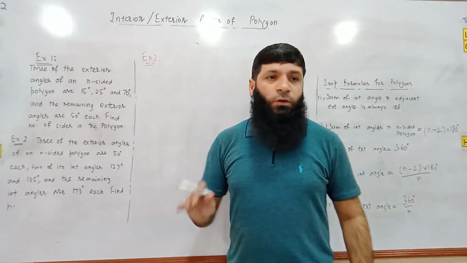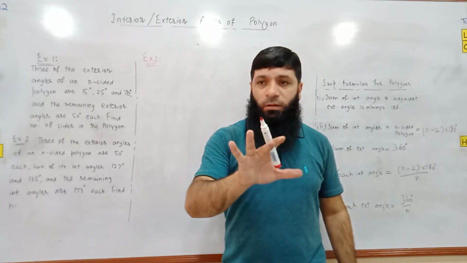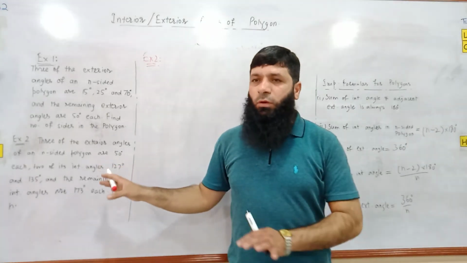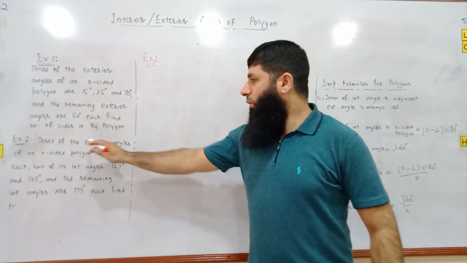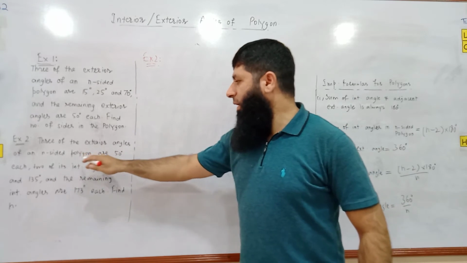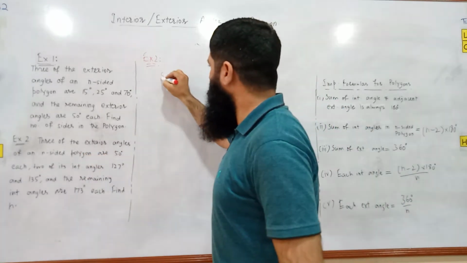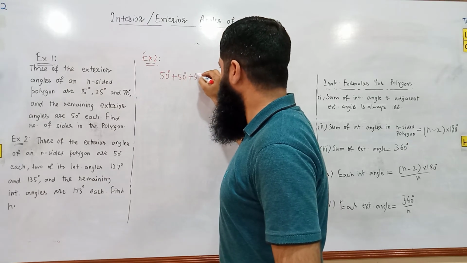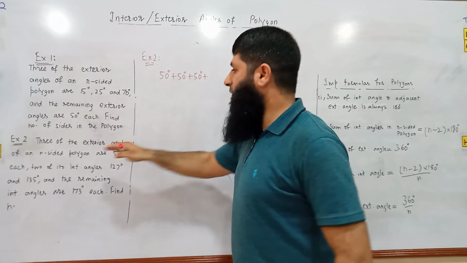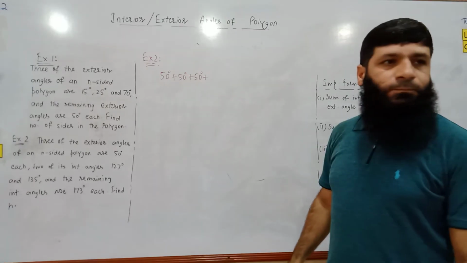So basically, you have information regarding 5 angles of this polygon. 3 of the exterior angles are 50, so 50 plus 50 plus 50. These are the exterior angles.